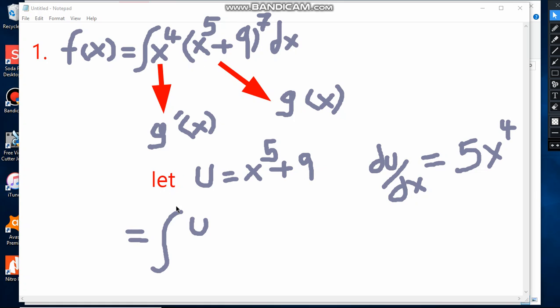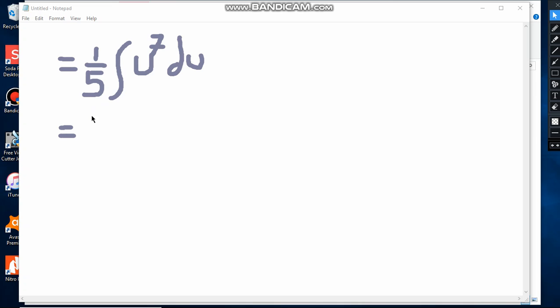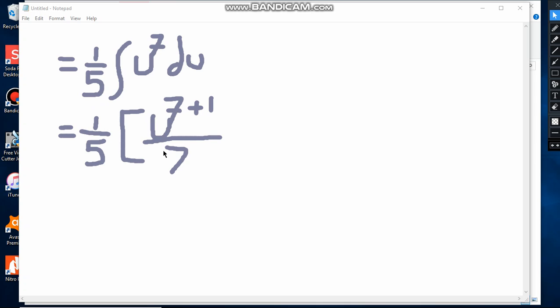So the integral of u raised to 7, with x raised to 4 dx representing du over 5. So we have du divided by 5, and we take 1 over 5 out of the integral sign. The integral of u raised to 7 du is equal to 1 over 5 times u raised to 7 plus 1 divided by 7 plus 1, plus constant c.